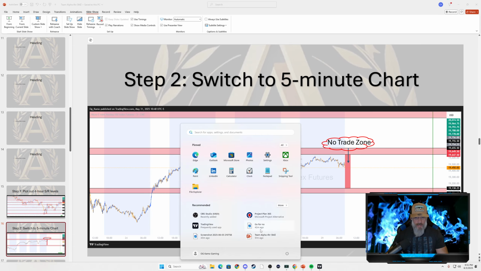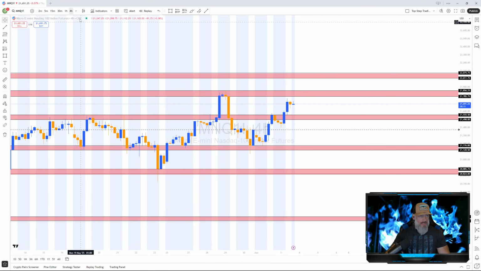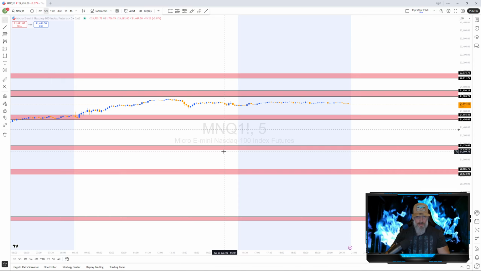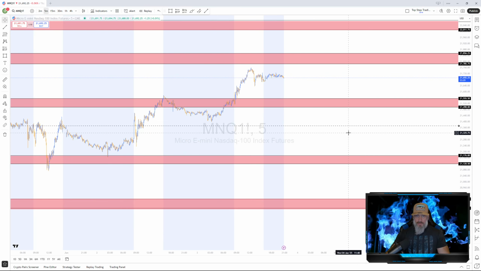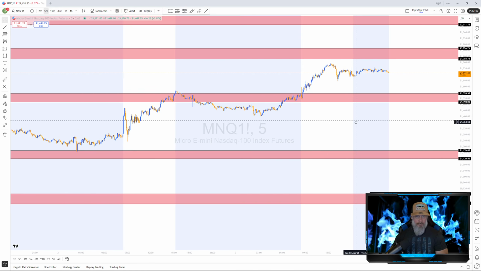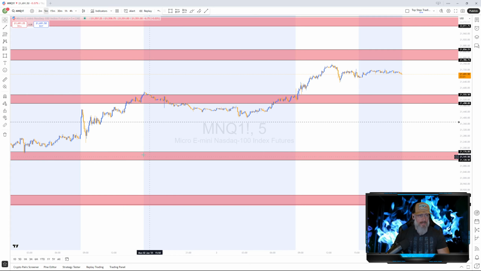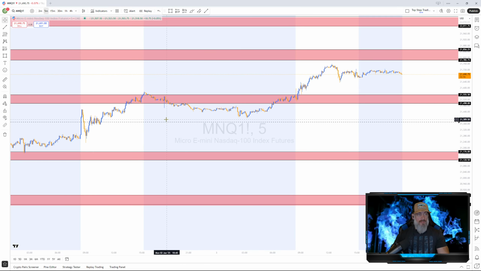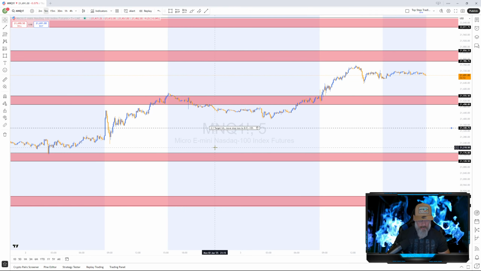Once we do that, we're going to pull up our TradingView here and flip over to the 5 minute chart. Now, how do we trade this? Let's look at some trades that I took yesterday. Two trades, actually. Here's my price target.